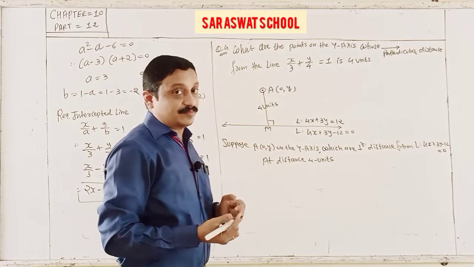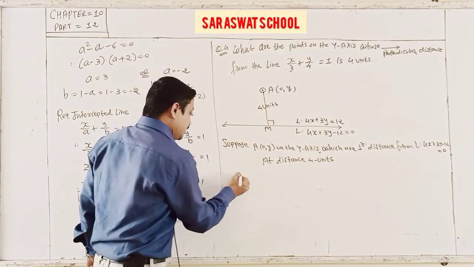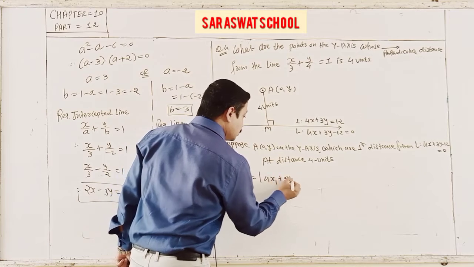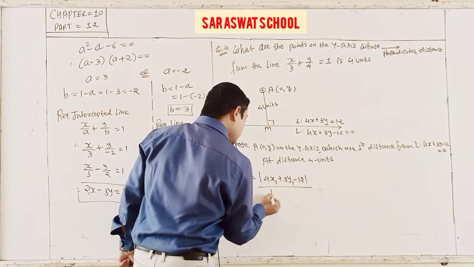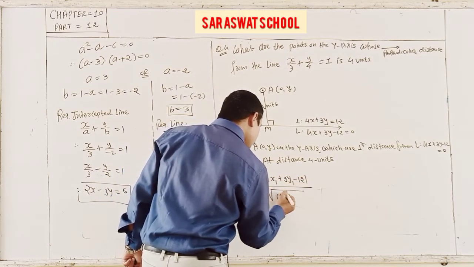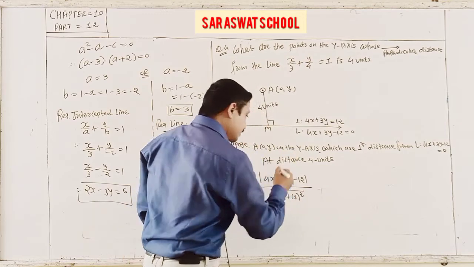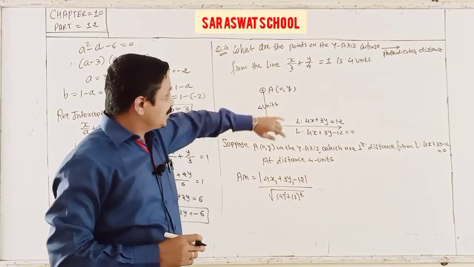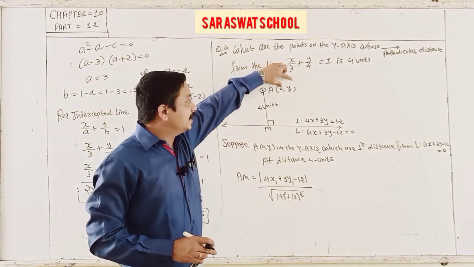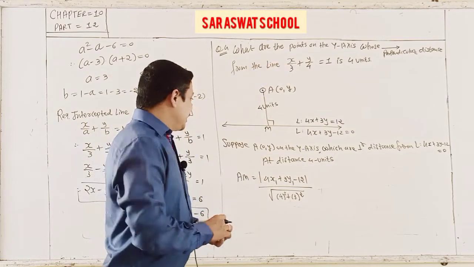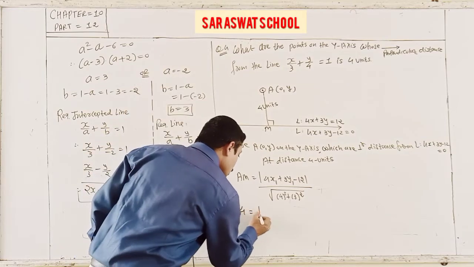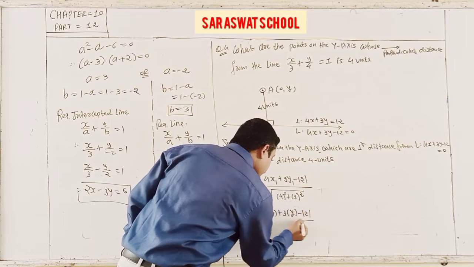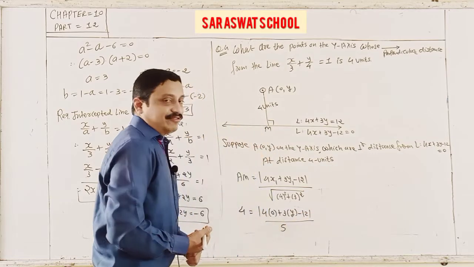So simply apply: perpendicular distance AM is modulus of 4x1 plus 3y1 minus 12 by under root 4 square plus 3 square. Now students, x1, y1 values: that's your x1 and that is your y1, and AM is 4. x1 is 0, y1 is y, and the root is 5.